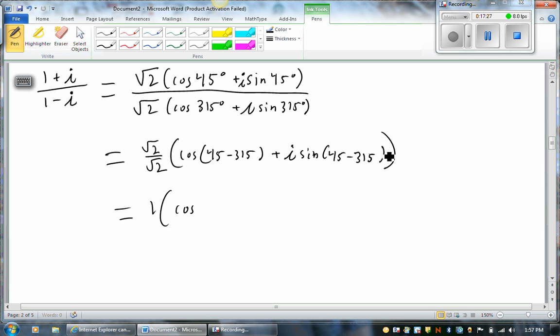So we have the cosine of negative 270 degrees plus i times the sine of negative 270 degrees.